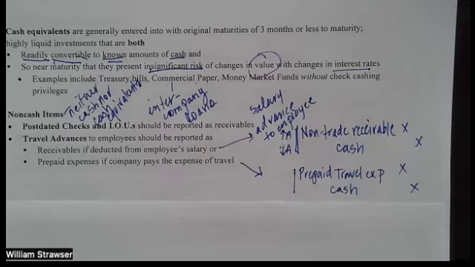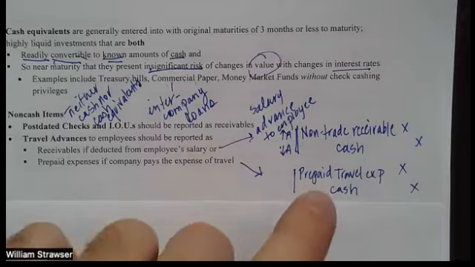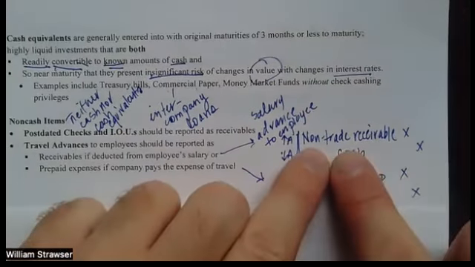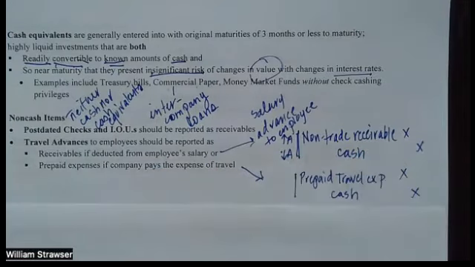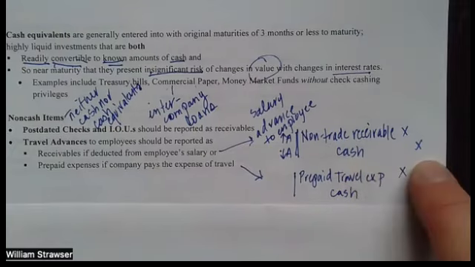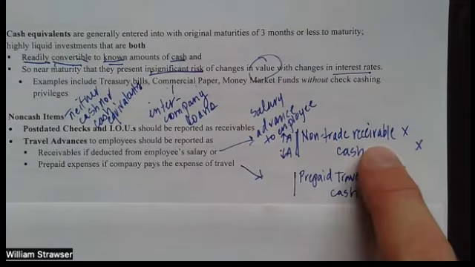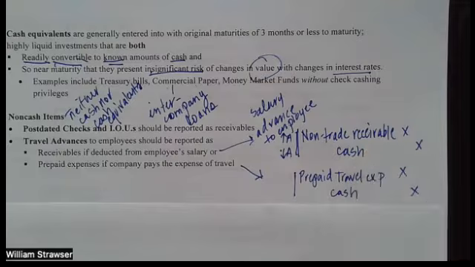You have to think of these things a little more generally. Maybe I haven't seen non-trade in front of receivable, but it's just another type of asset. It makes sense that I'm giving some cash out. If I'm recording a receivable, that means I'm getting some cash in the future.